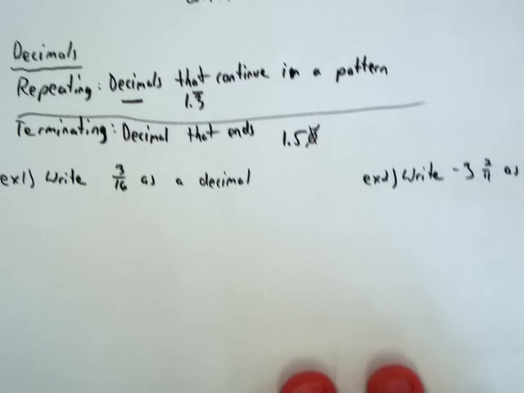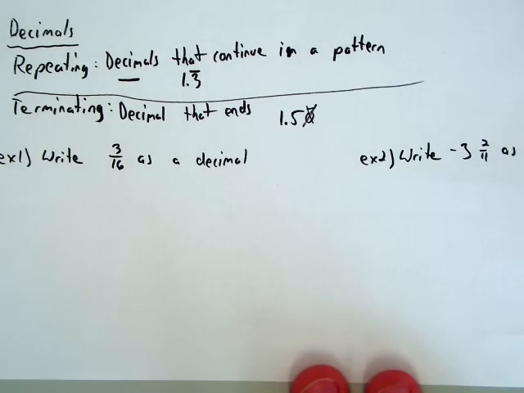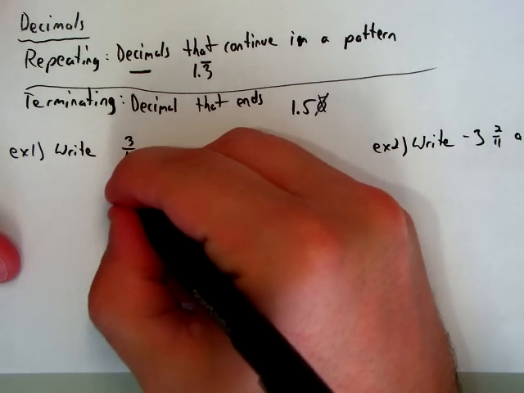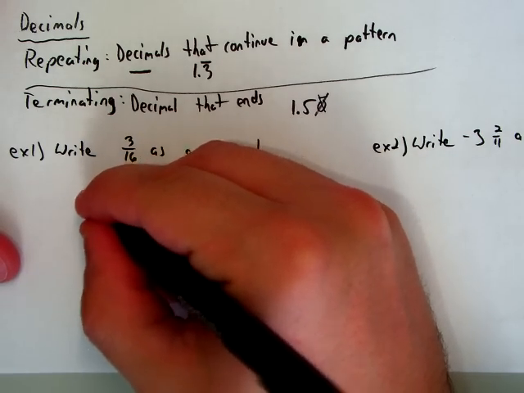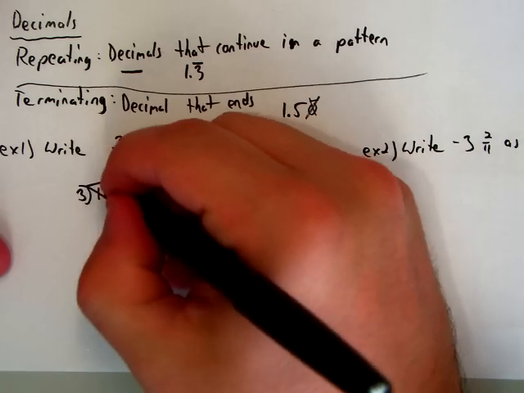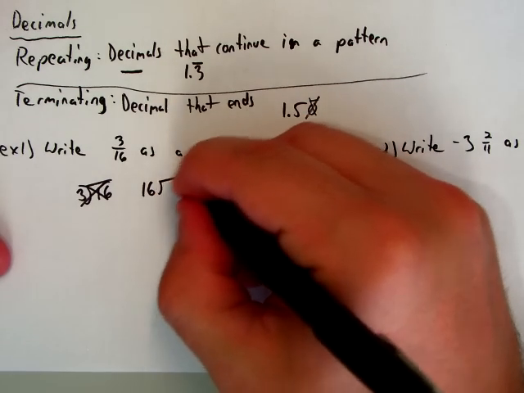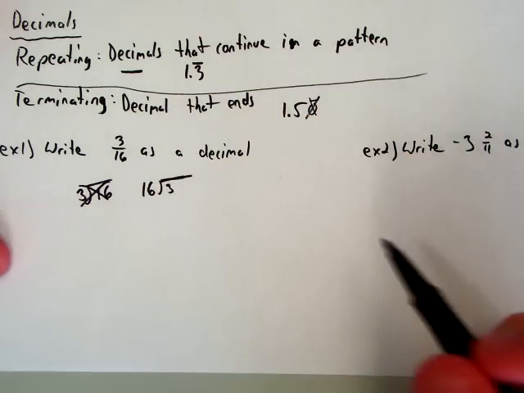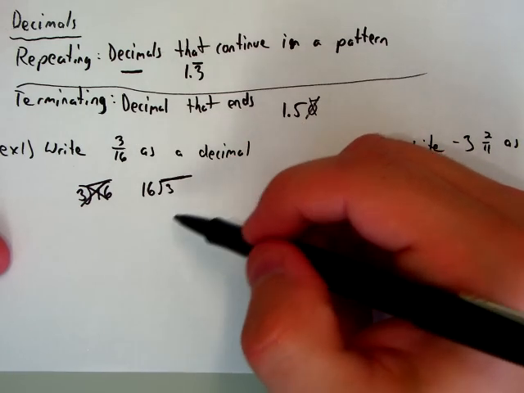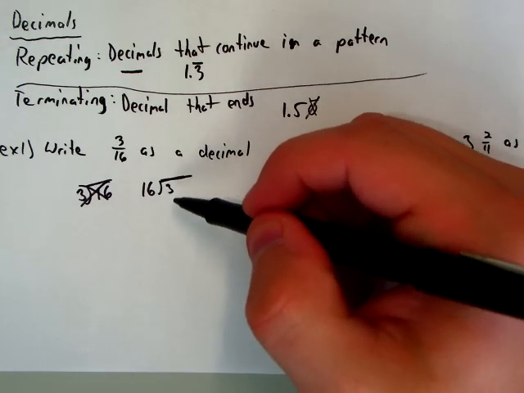So, example 1, let's write 3/16 as a decimal. There's two ways that you can do it. One, you can do the long division. When we write long division, the numerator, or the top number, goes inside the house.